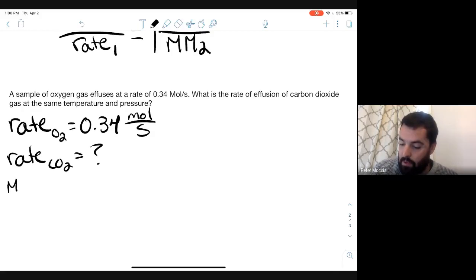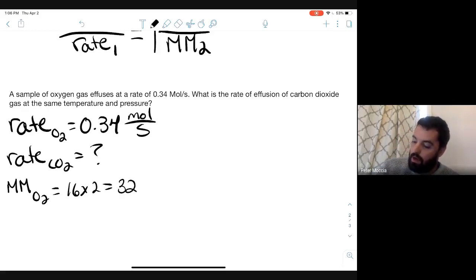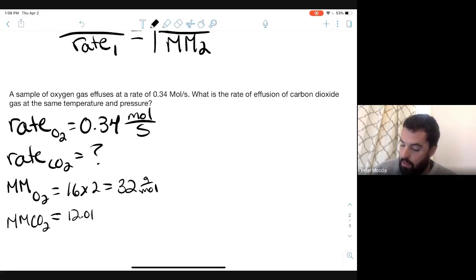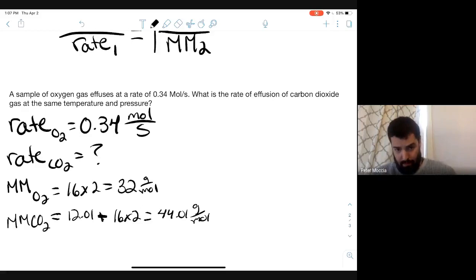I know that the molar mass of O2 is 16 times 2, which is 32 grams per mole. And then the molar mass of CO2 is equal to 12.01 plus 16 times 2, which is 44.01 grams per mole. Remember, I always want you to go to the hundredths place with molar masses.